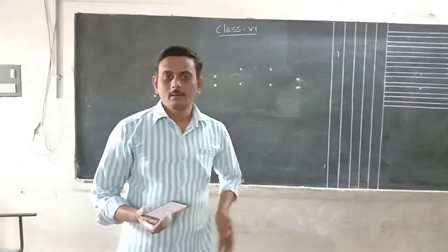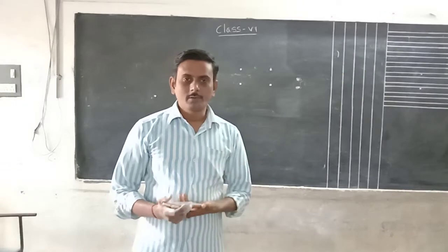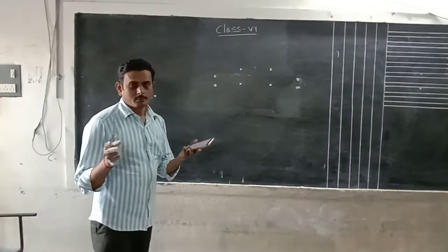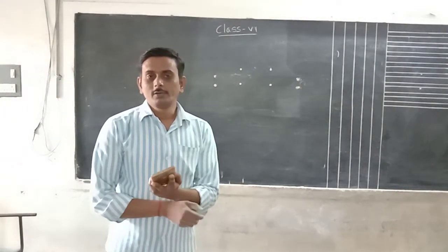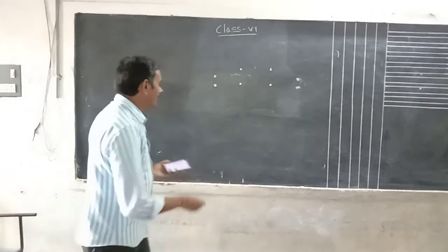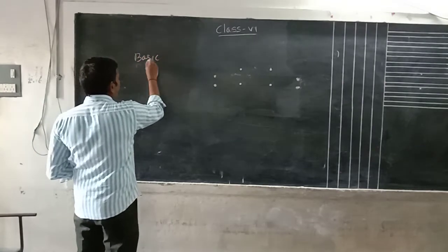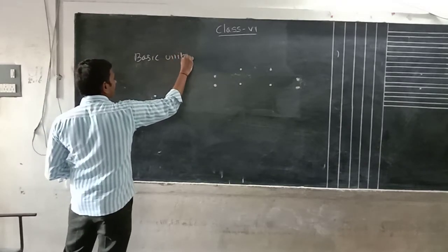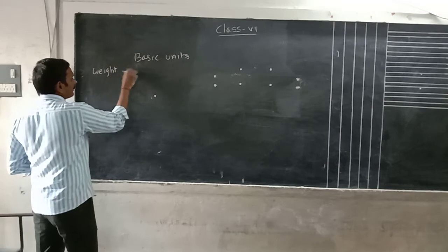To measure the weight of some article, for example, I want to weigh some wooden box, then what are the units for that one? Those are grams, the basic units for weight.